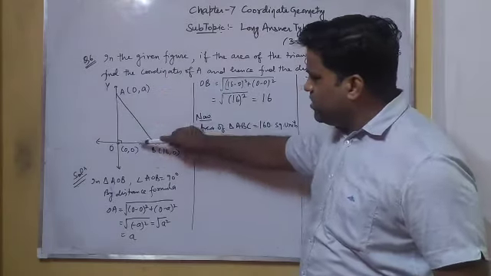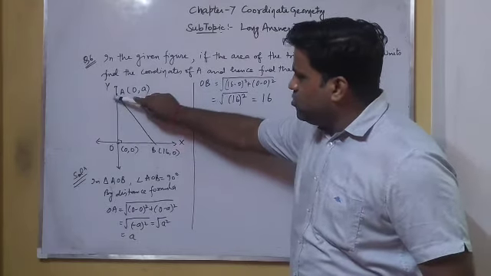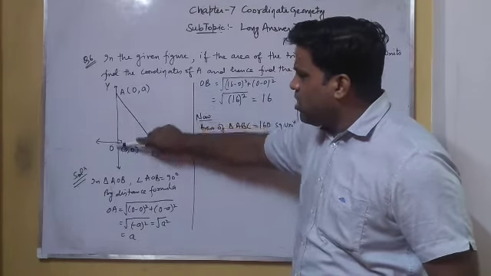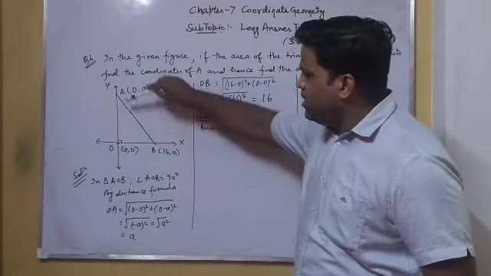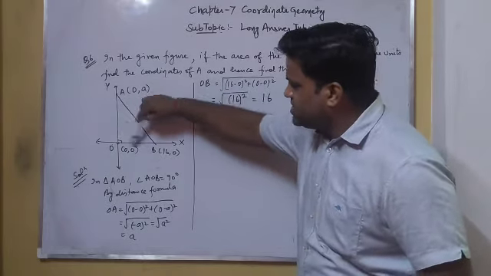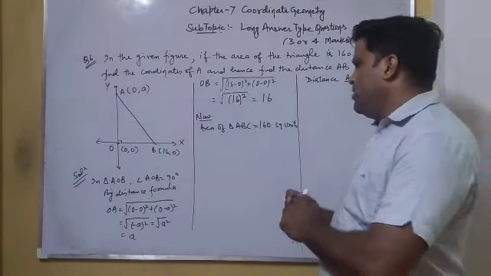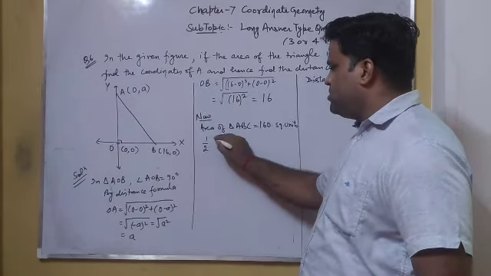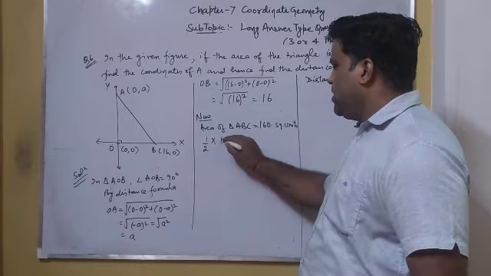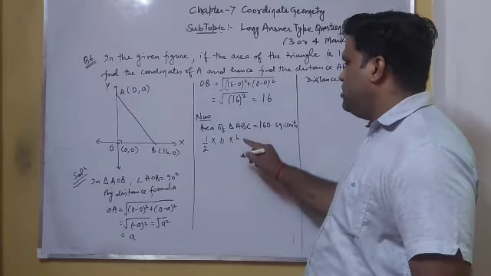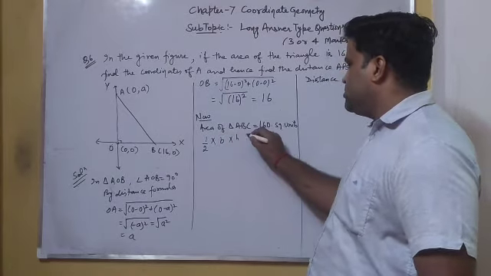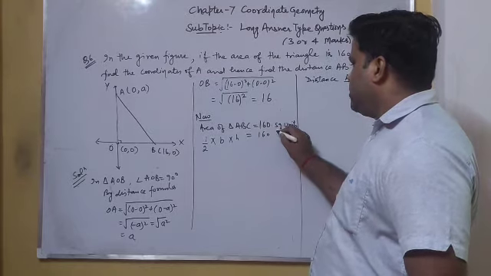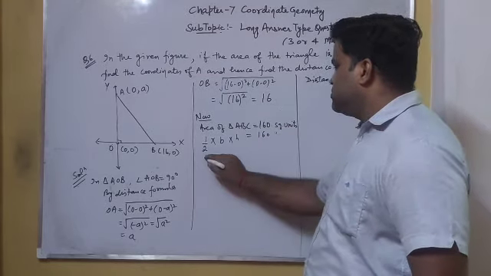As we look in the figure, OA is the height or altitude of triangle AOB, and OB is the base of triangle AOB. So by applying the formula, the area of a triangle is half into base into height, which is equal to 160 square units.